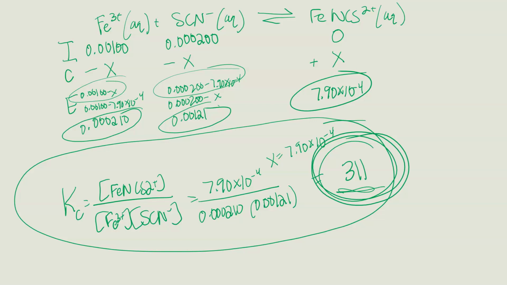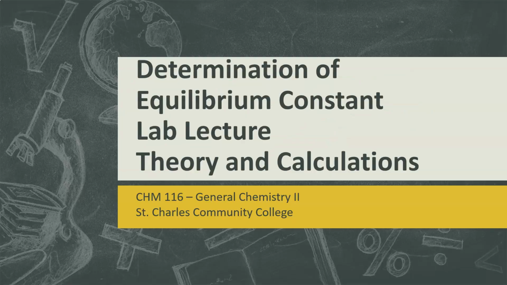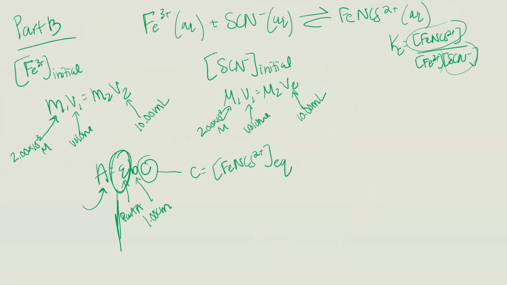So what you're doing in number 2 and number 3 is trying to kind of prove that it was okay for us in part A to assume that part A went to completion. We're trying to prove, is that really true? So we're treating it like it's going to equilibrium and then seeing what our numbers tell us. So what we said in part A, where is my part A stuff?